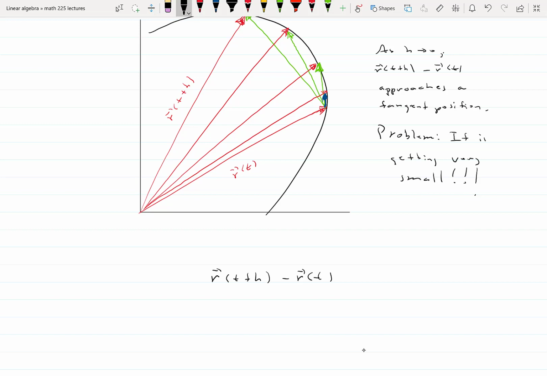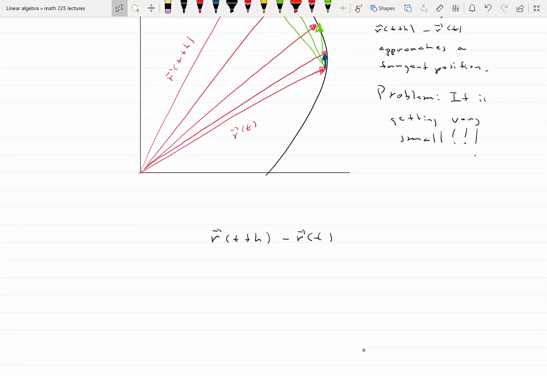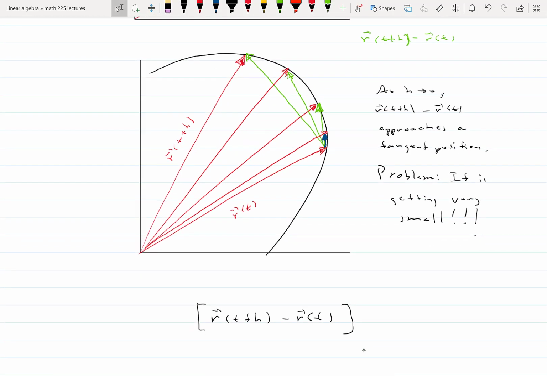I make them longer. How do you make a vector longer? Well, keeping its same direction. How can you take a given vector that might be real small or might be real big, and increase its size while retaining its direction? You multiply it by a constant. So I would like to multiply this quantity by a constant to make it longer so that it approaches the tangent position.